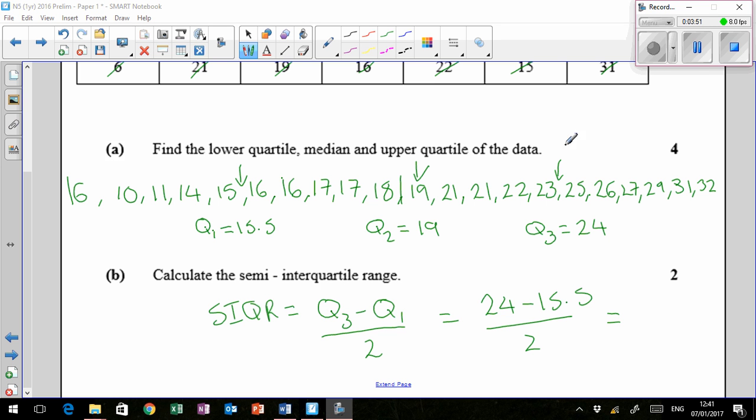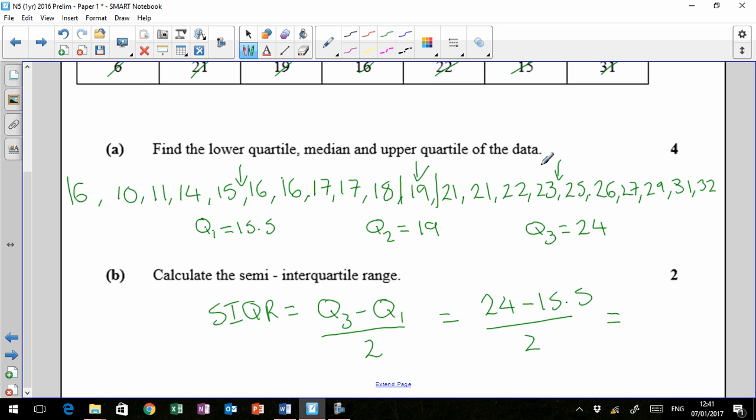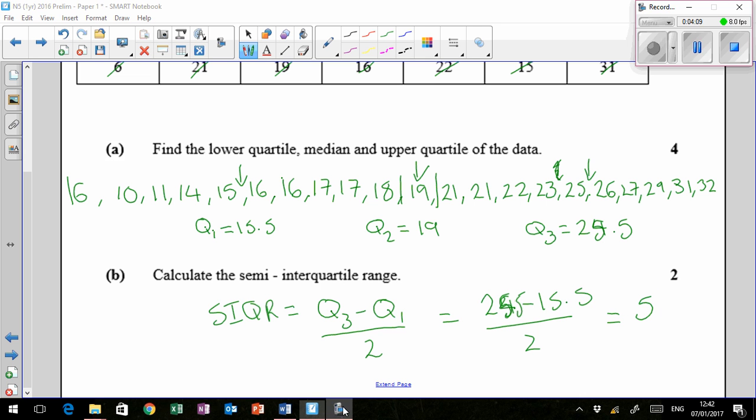I've just realised I made a terrible error and put the upper quartile in the wrong place. It should be in between 25 and 26, so 25.5. Really sorry. So 25.5 take away 15.5 is 10, divided by 2 is 5.